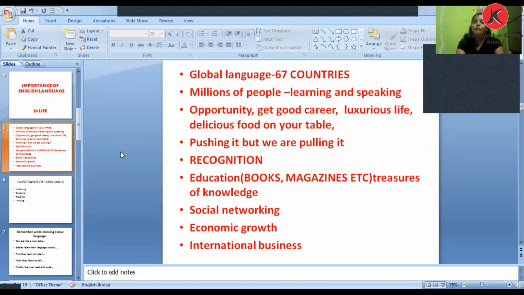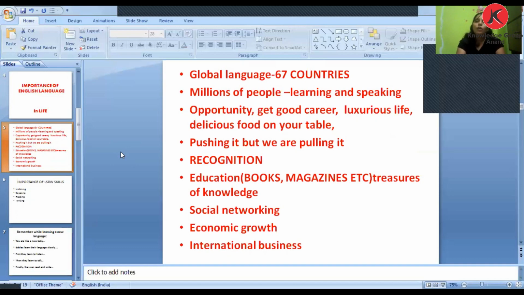The first and foremost thing is that English is considered a global language, and sometimes we say it is a universal language. Why? Because around 67 countries all over the world speak English as a first or second language.